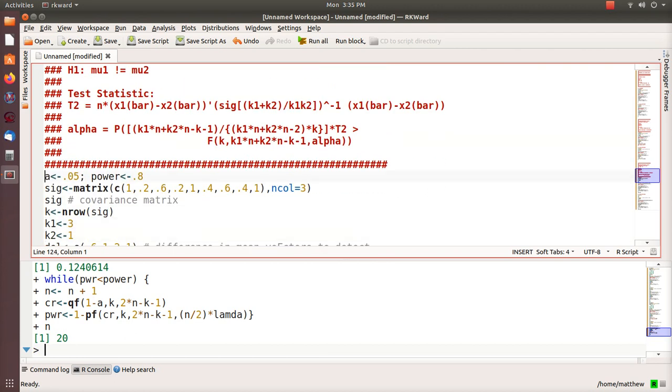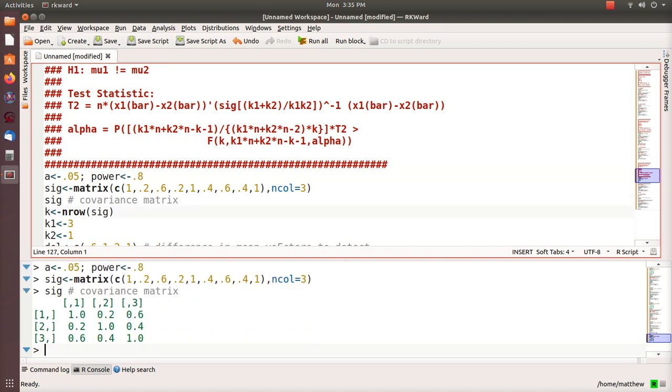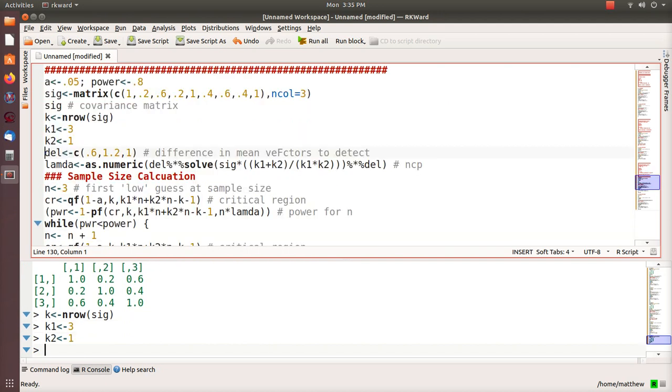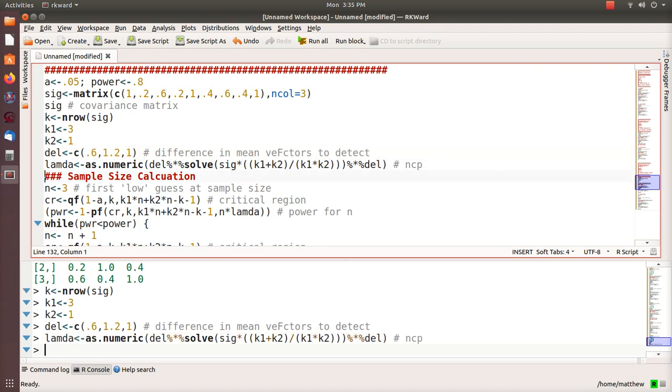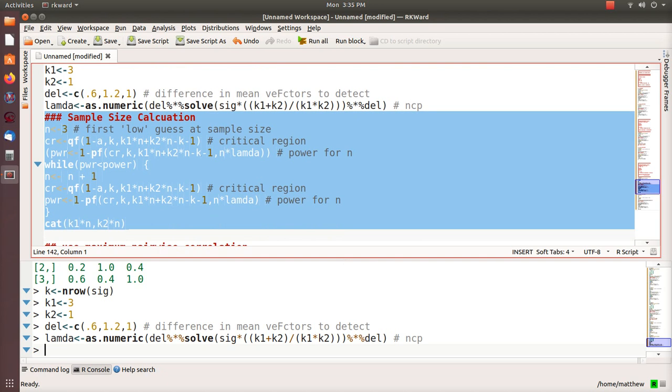So this is how we do it. Alpha and power are the same. We're going to use the same covariance matrix, which is this. 3 dimensions. We're going to use a 3-to-1 or 1-to-3 randomization. We're going to use the same delta, the shift. Lambda is this. And we go through and calculate these.